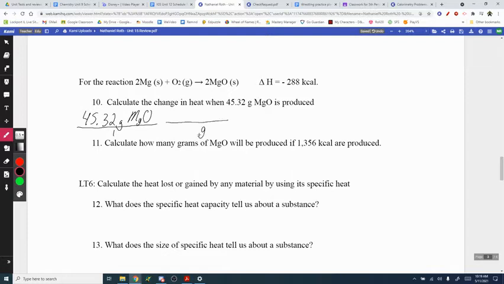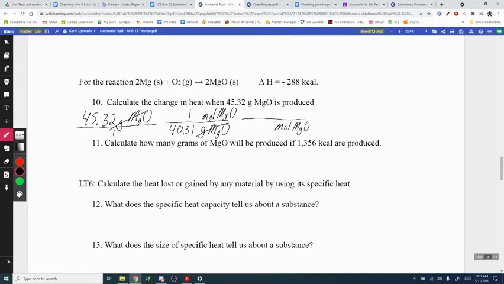We do grams of MgO, moles on top, 1 next to moles, our molar mass next to grams. Grams cancel out. We're left with moles. That is not where we want to be, so we need another conversion factor.